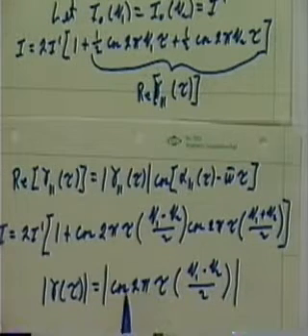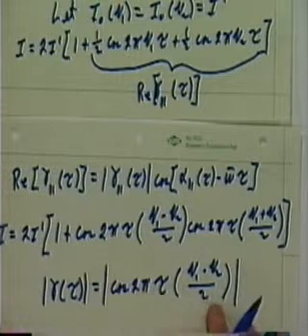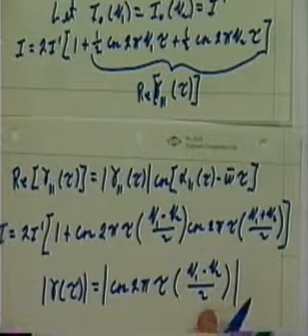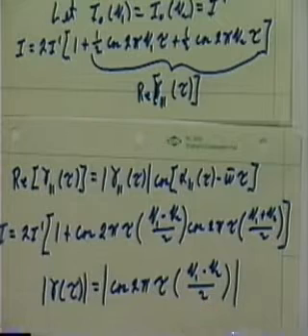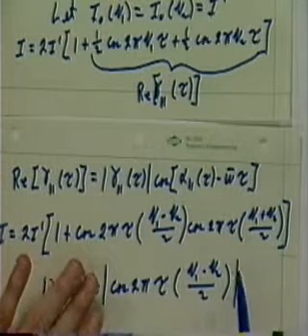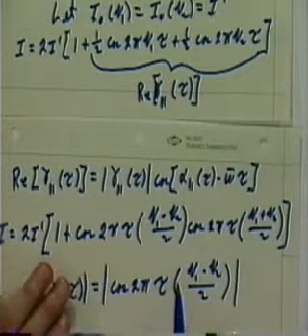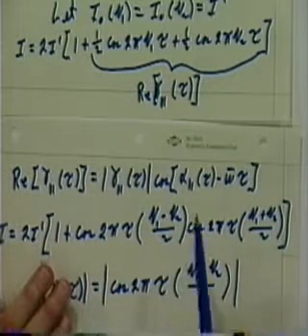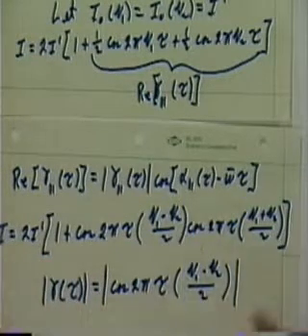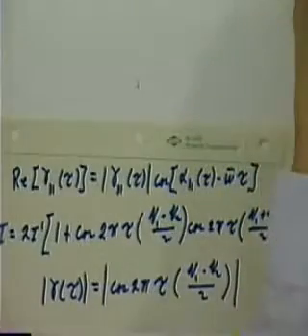Any questions on this? Coherence function goes as a cosine, 2 pi tau times the difference frequency divided by 2. And we take the magnitude of this, and when what's inside here becomes negative, it means the fringes are shifted half a period, and alpha then would correspond to 180 degrees.